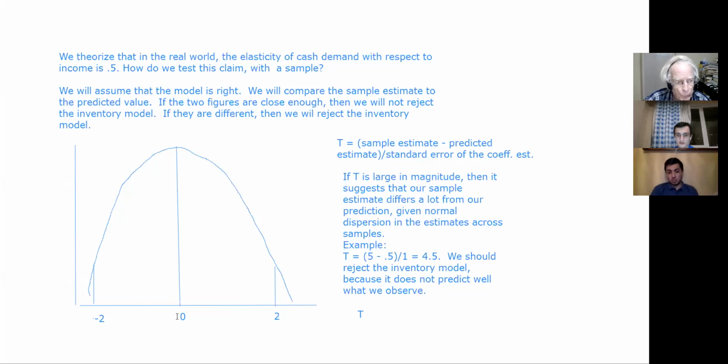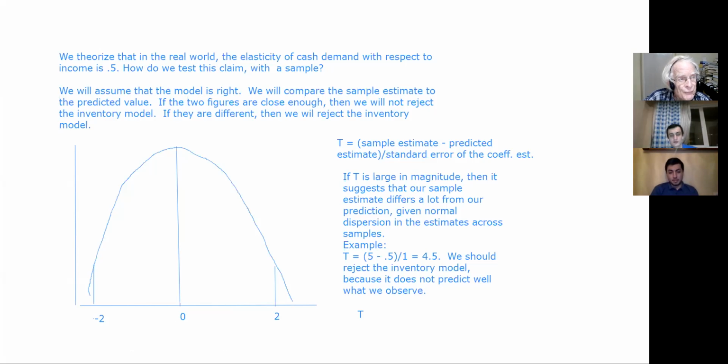In fact, it turns out that there is only a 5% chance that we would observe a value that extreme if the inventory model describes the real world.